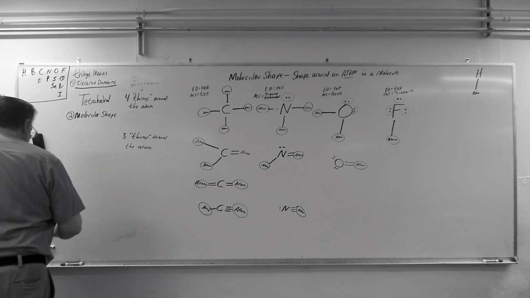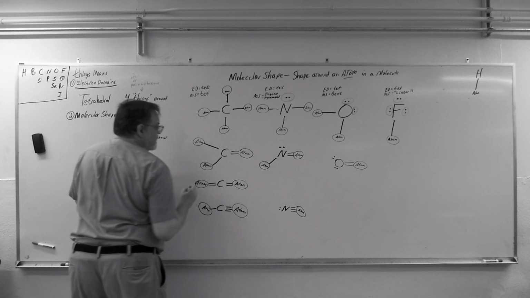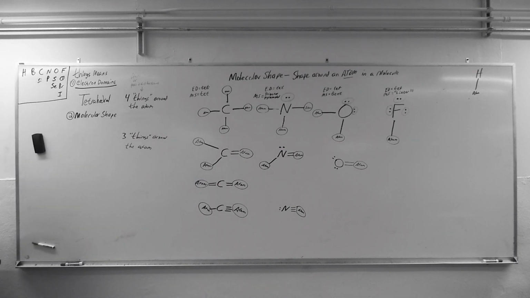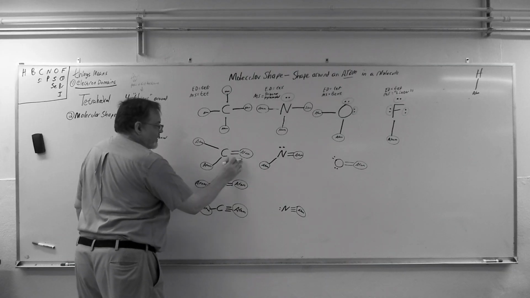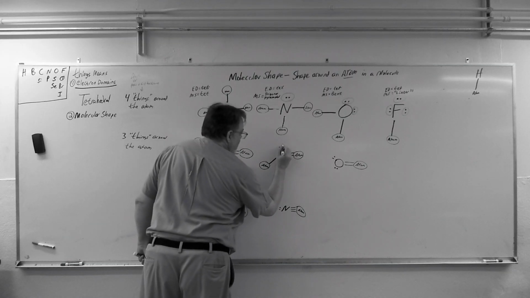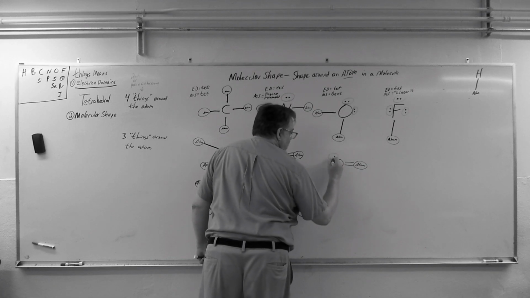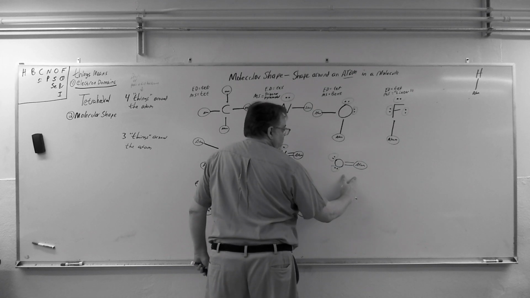And it's going to be similar here. Oh, there's an atom I didn't circle. In this case, there are three things around it. In this case, all three are atoms. In this case, two of them are atoms and one of them is a pair of electrons. In this case, one of them is an atom and two of them are pairs of electrons. Notice there's two atoms there and there's two atoms there.